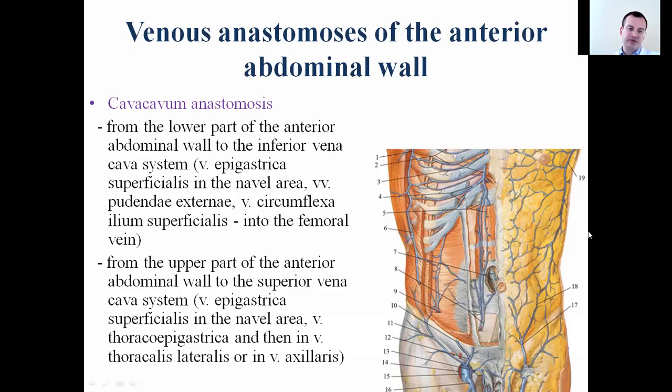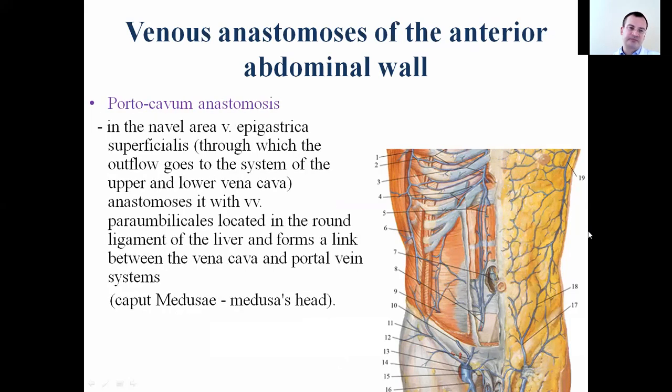From the upper part of the anterior abdominal wall to the superior vena cava system, vena epigastrica superficialis in the navel area, vena thoracoepigastrica, and then into vena thoracalis lateralis or vena axillaris.